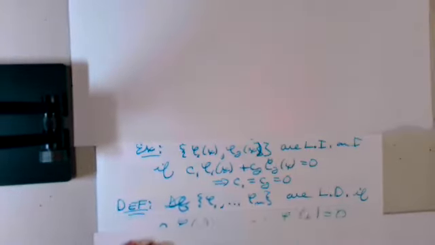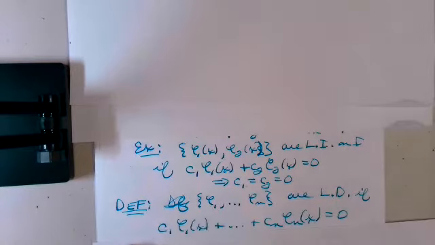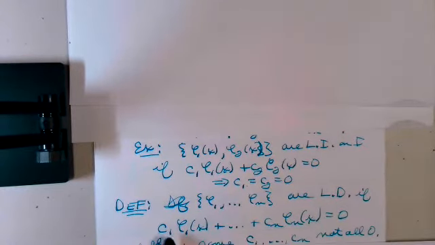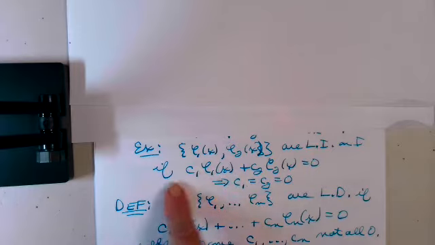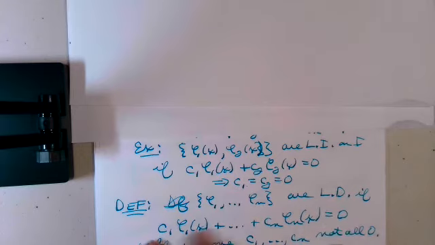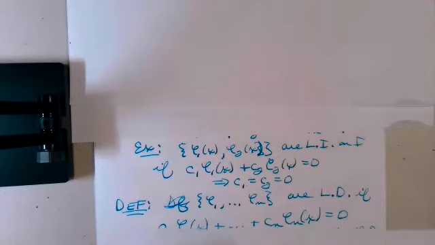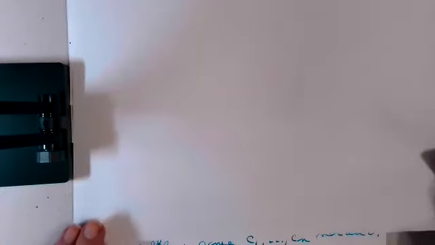I should have said this before the example: the set of functions is linearly dependent if that linear combination being 0 can hold with at least one of the c's not equal to 0. If they're not linearly independent, then they're linearly dependent. So if the linear combination being 0 forces all the c's to be 0, they're linearly independent. Anything else, linearly dependent.